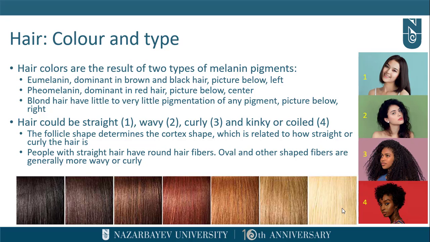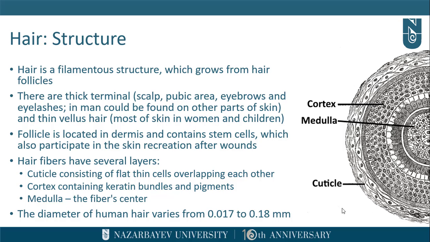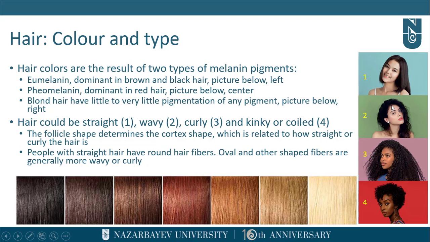And regarding the texture of hair, it is determined by the shape and the structure of the cortex. So the cortex is here, that surrounds the medulla. So depending on the cortex, we can have wavy, curly, or coiled shape of hair.